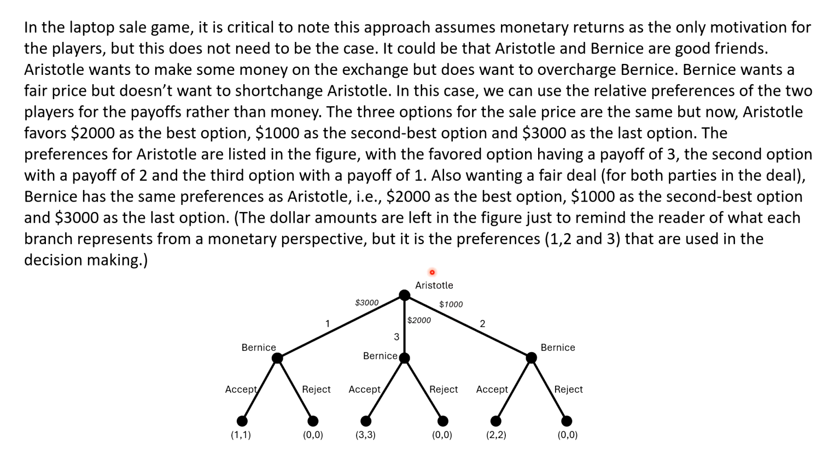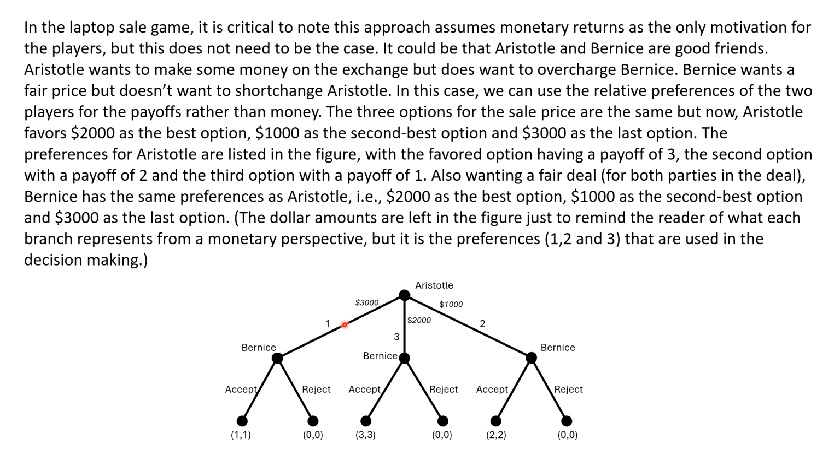And let's say that Bernice has the same view. She doesn't want to take advantage of Aristotle. She wants to pay a fair price. So her perceived payoffs are the same for the different prices here. So we can summarize that in a chart here.